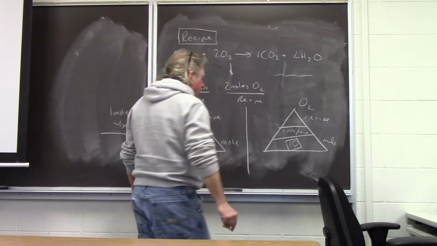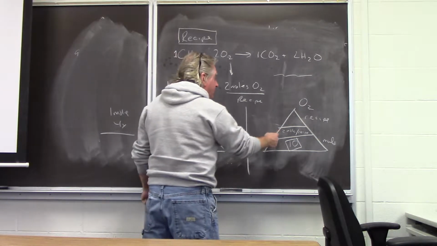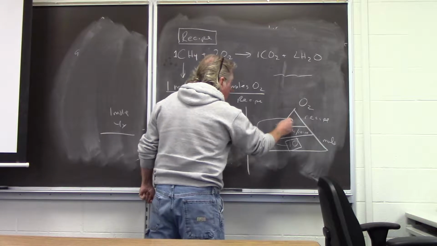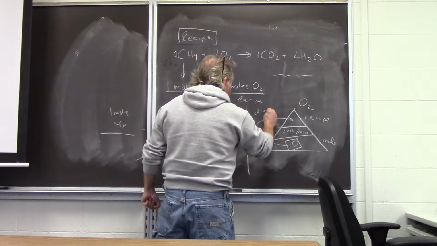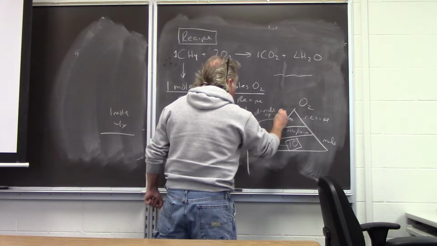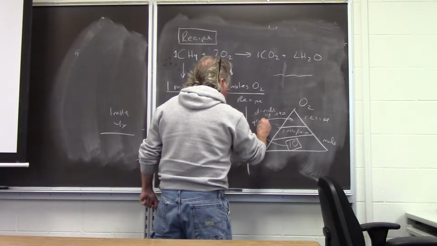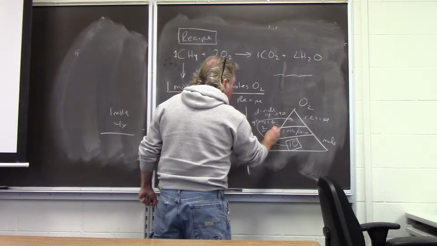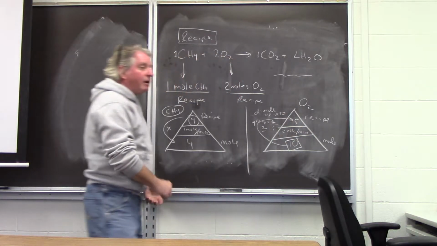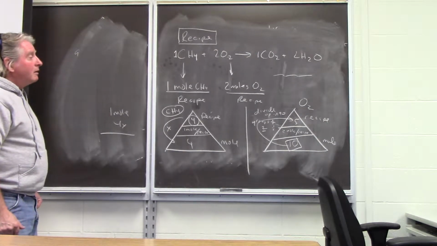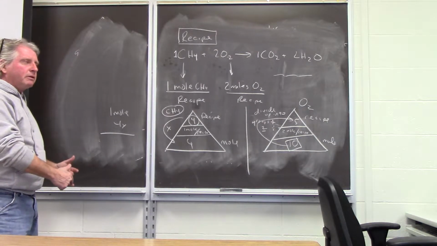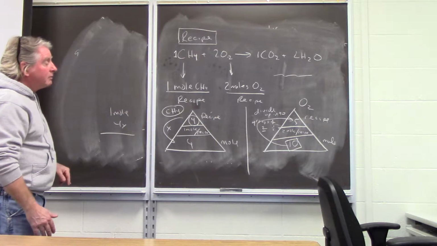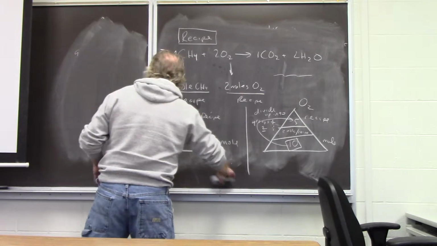So I give myself 10, and each time I do the recipe I need 2, so I'm going to divide this up into groups of 2 moles per recipe, and I will end up doing 5 recipes. So we can use these grouping triangles to help us in stoichiometry.